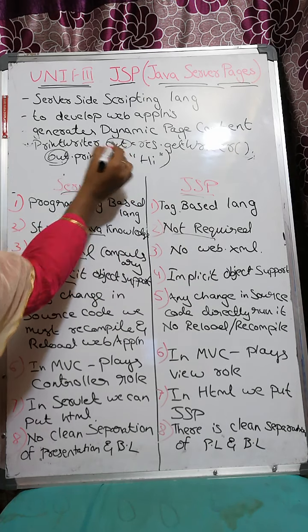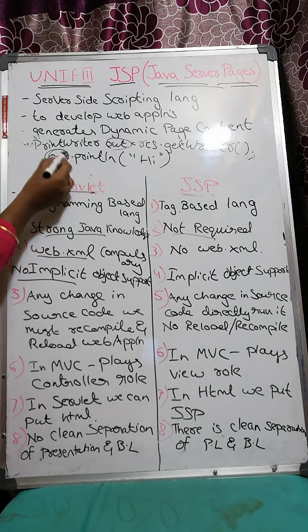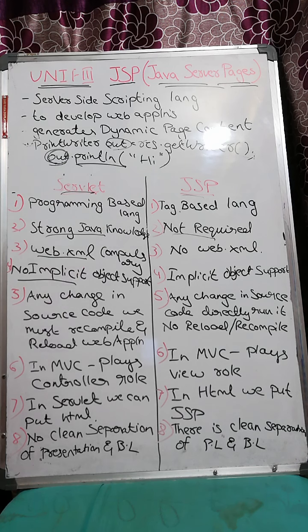In this step the out object is created. Next, by using this out, I can invoke the println method and I can display hi onto the console. In servlet we don't have any implicit object support. All are explicit only. I have to create each and every object.